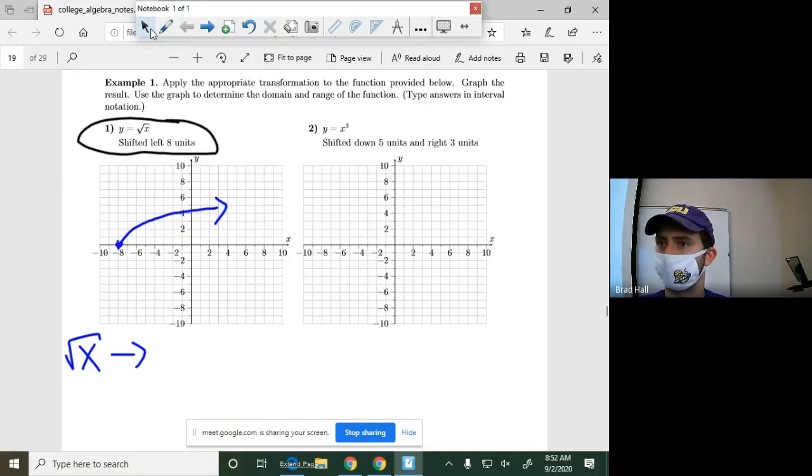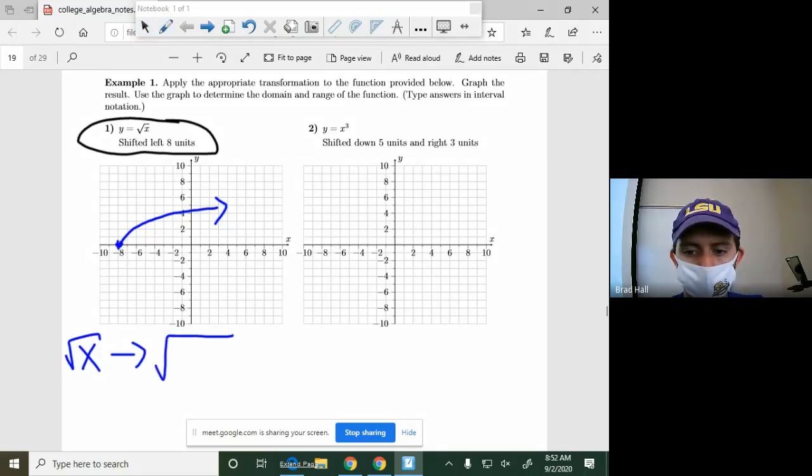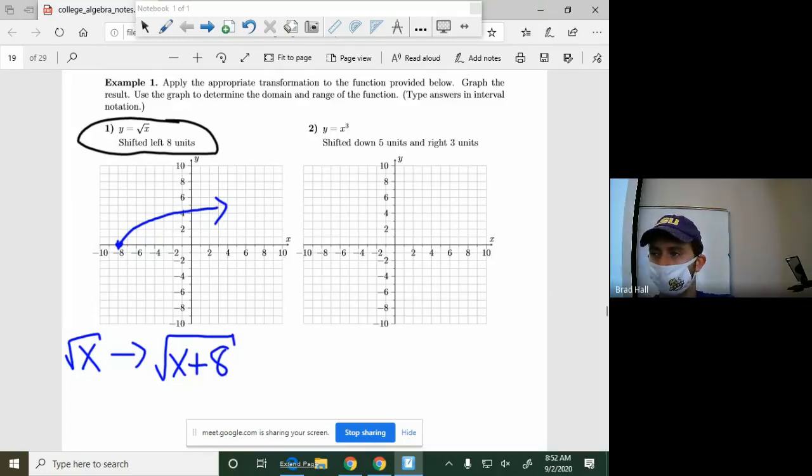And since we're going to the left 8, we have to do the opposite operation, which means we have to add 8 to the x variable directly. What that conforms to is square root of x plus 8. Notice the 8 is in the square root because it has to be right next to the x. That's what it means to shift left or right. You have to add or subtract to the x variable directly. So that would be the function.